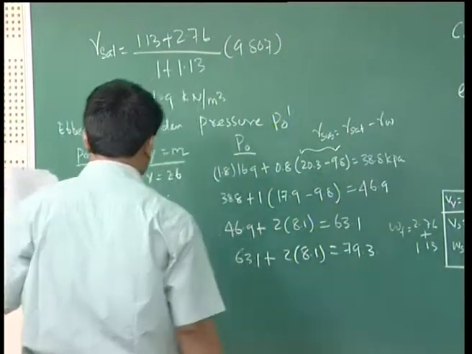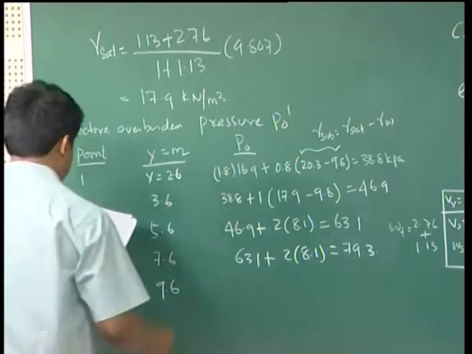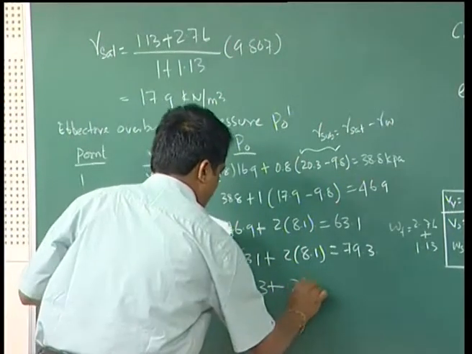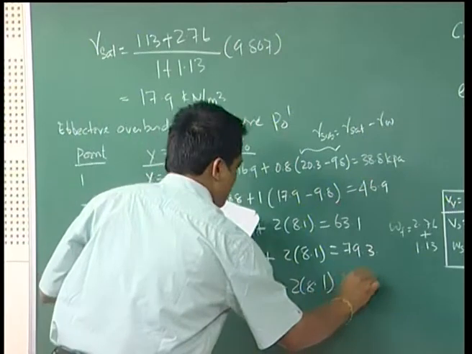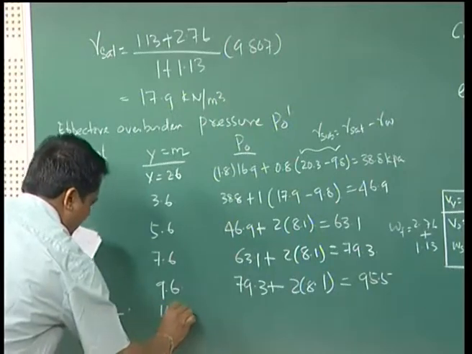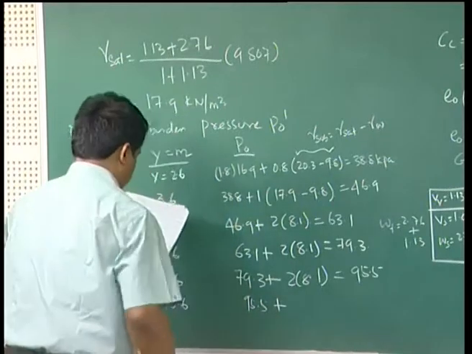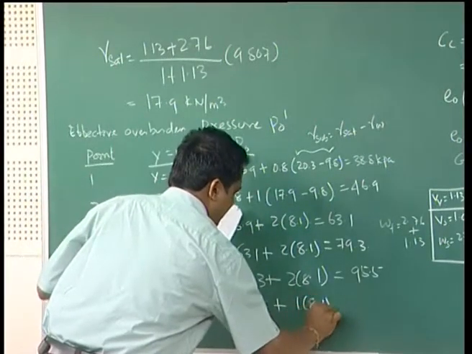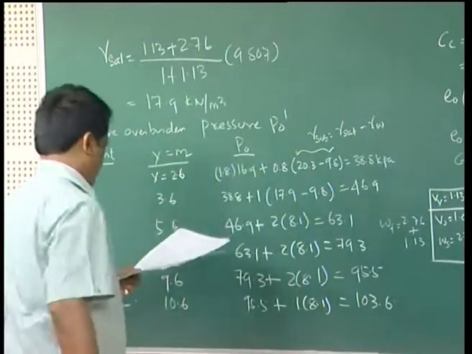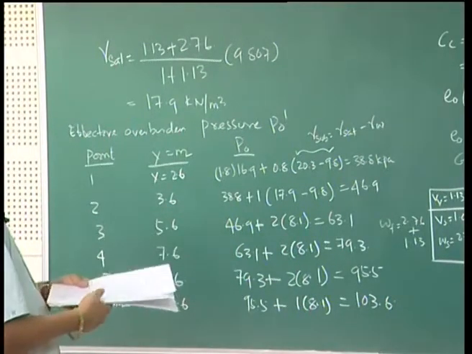These are all in kPa. The fifth layer is 9.6, which is 79.3 plus 2 into 8.1, equal to 95.5, and the bottom is 10.6, so this will be 95.5 plus 1 into 8.1, which is equal to 103.6. So these are the values of effective overburden pressure P 0 prime, point wise: 1, 2, 3, 4, 5, bottom.